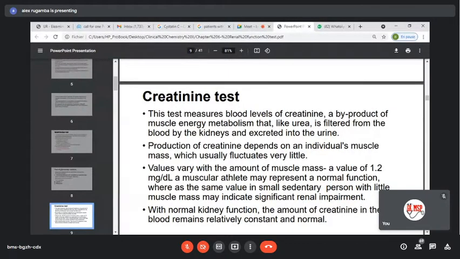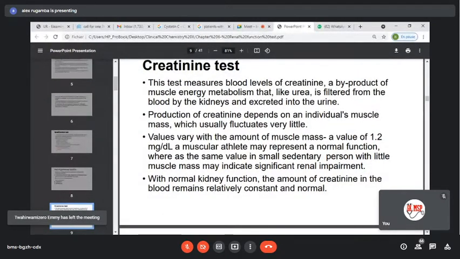That is why the reference range will depend on the individual. But the average reference range is 1.2 milligrams per deciliter.